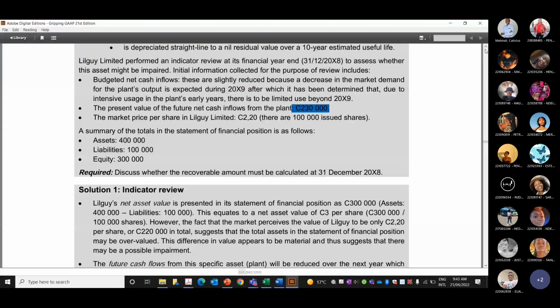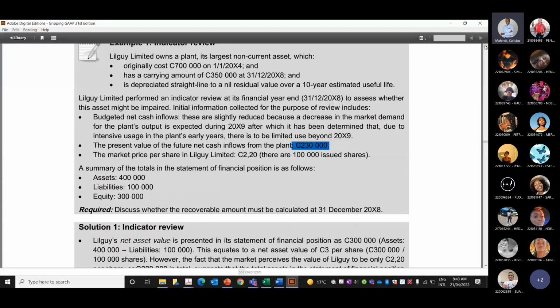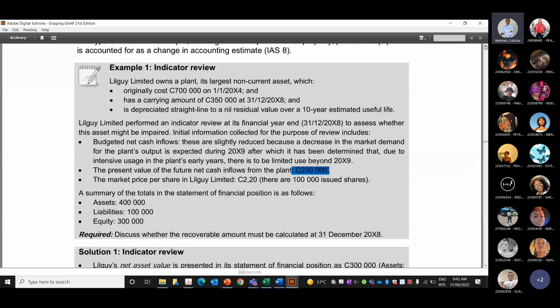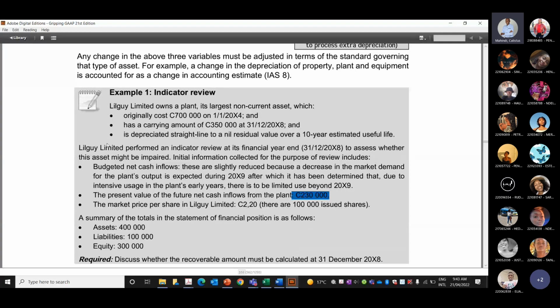I'm reading from this part that I'm highlighting. Little Guy Limited performed an indicator review at its financial year end 31 December 20XX to assess whether this might be impaired.